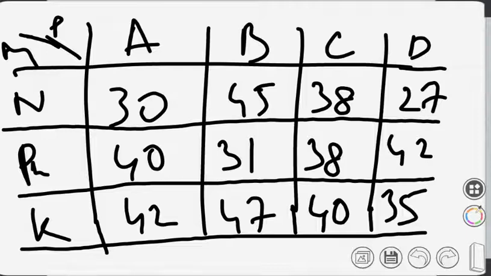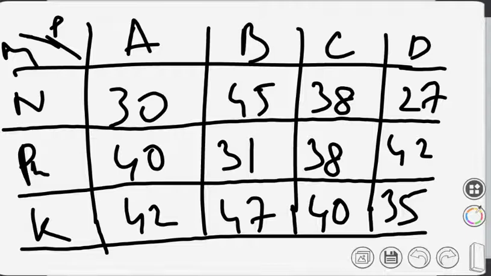So let's do two-way ANOVA with this data set. I hope everybody has written the data set. Now we will first write down the two-way table. This is a little bit different from the table that we did in the morning, the one-way table. It is similar but a little different.